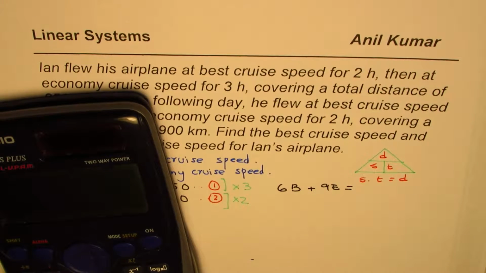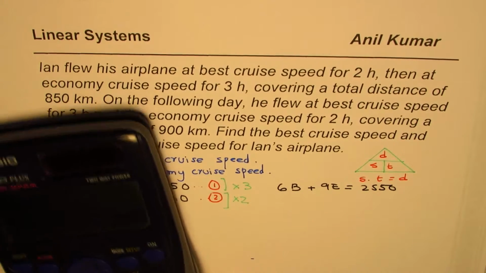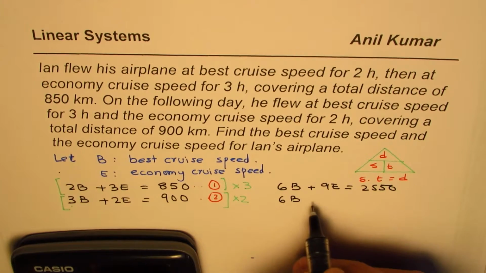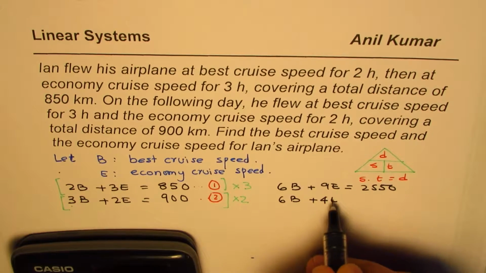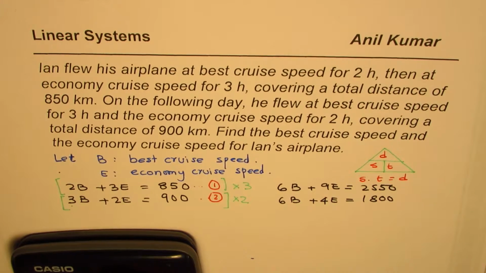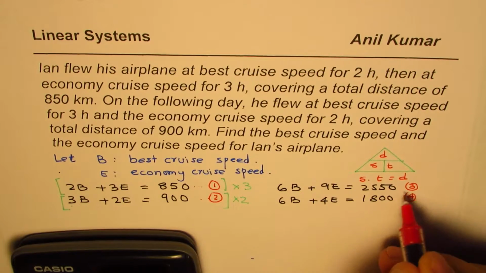So let's use calculator. 850 into 3, 2550, correct. The second equation, 2 times 3B is 6B, plus 4E equals 1800, right? So we get two new equations. Let's call them equation number 3 and 4.